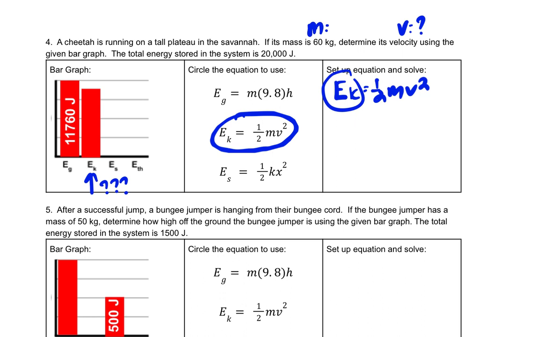However, I do tell you enough information to know that the total energy is 20,000 joules. So in total, there's 20,000 joules of energy, and we know how much is in this column. So what would you do in order to find how much EK is?